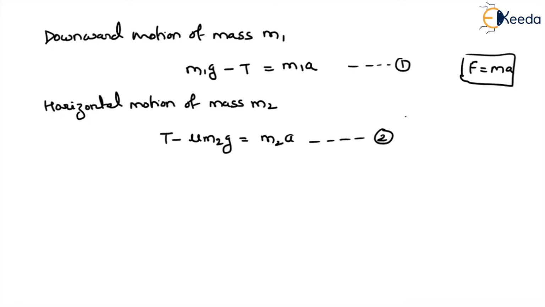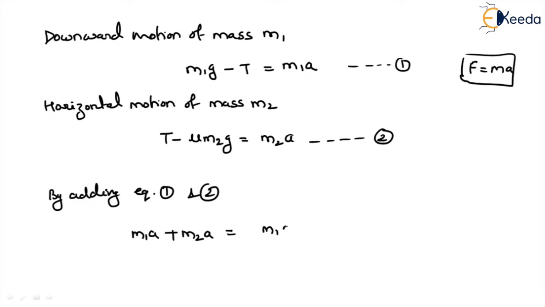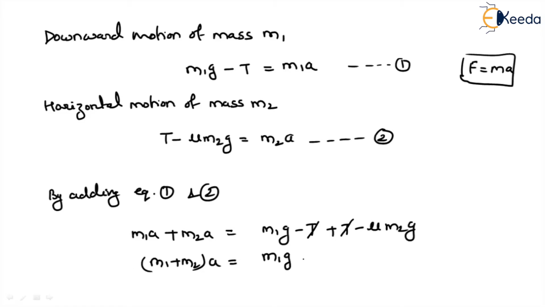Now if we add both the equations, we will get the equation for the acceleration. Adding both the equations, M1A plus M2A equals M1G minus T plus T minus mu M2G. So T and T will cancel out.